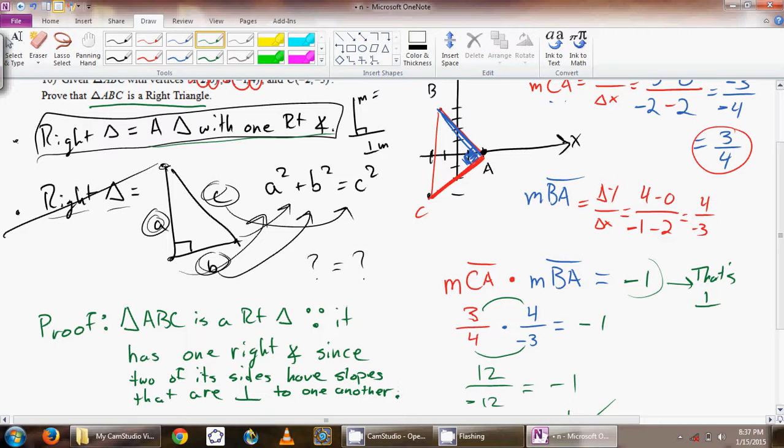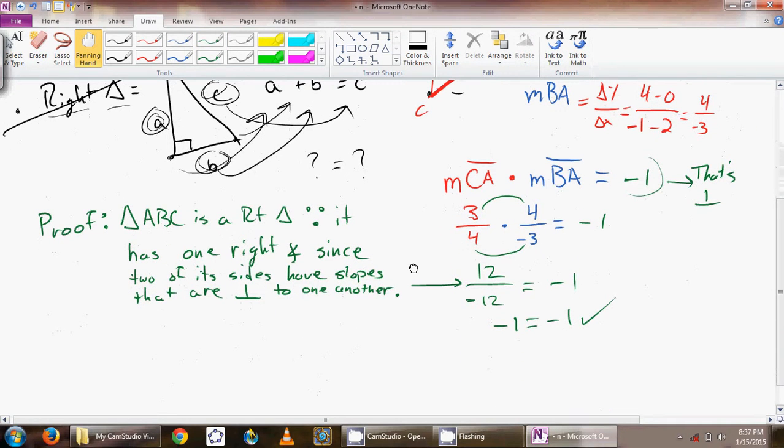All right, and that's it. I guess we could add in one other thing. You could, if you really wanted to, say they're perpendicular to one another, and we're done.